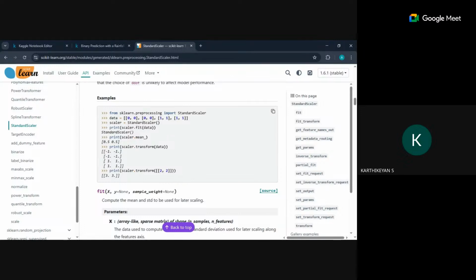So the standard scaler should take all the features in the training set, evaluate the mean and standard deviation, and do the fit for that. Training is finished. When it comes to test, it should do the same thing, right?